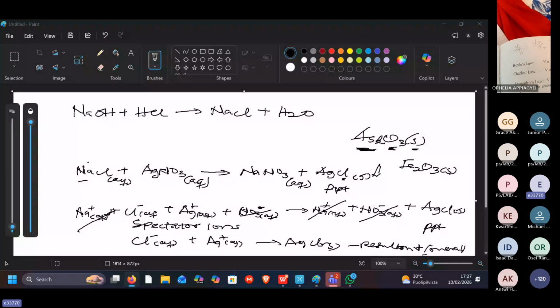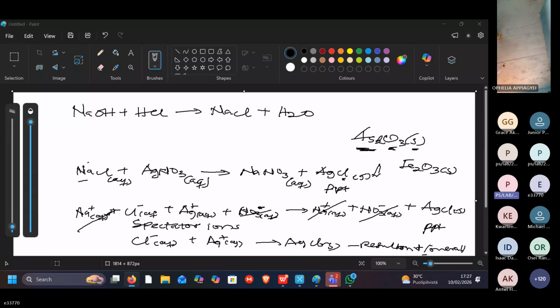For example, in arsenic chloride, the arsenic becomes a non-metal. But if it is an oxide, it is behaving like a metal. That's why I call it a semi-metal. Does it make sense? Yes, sir.